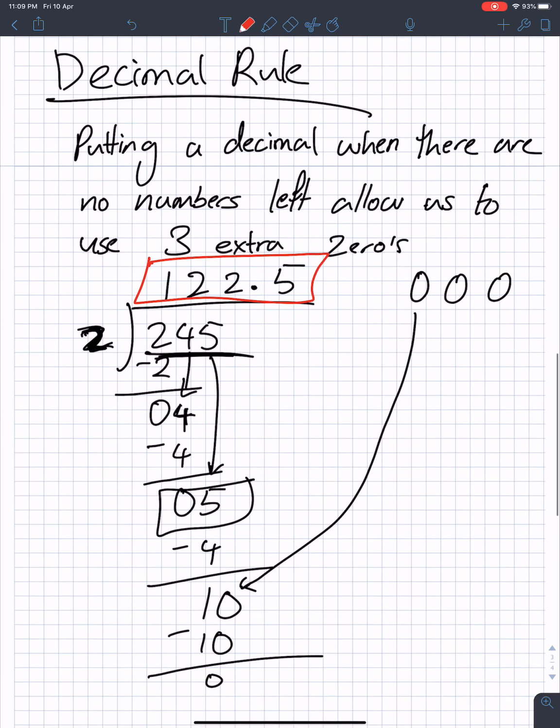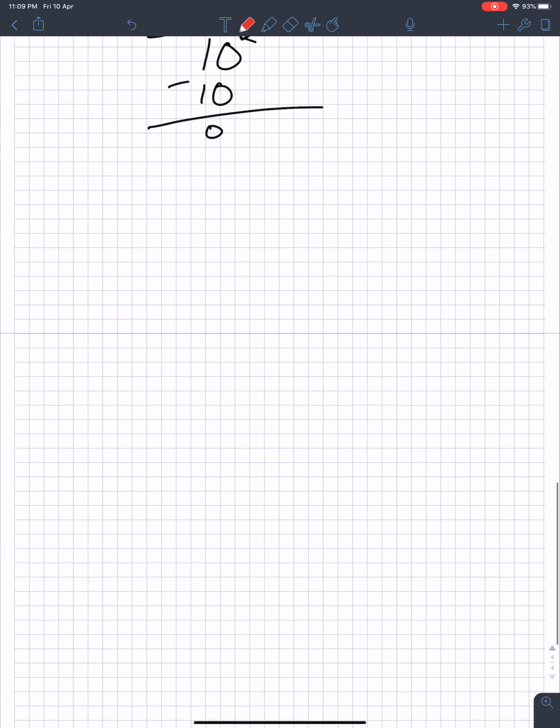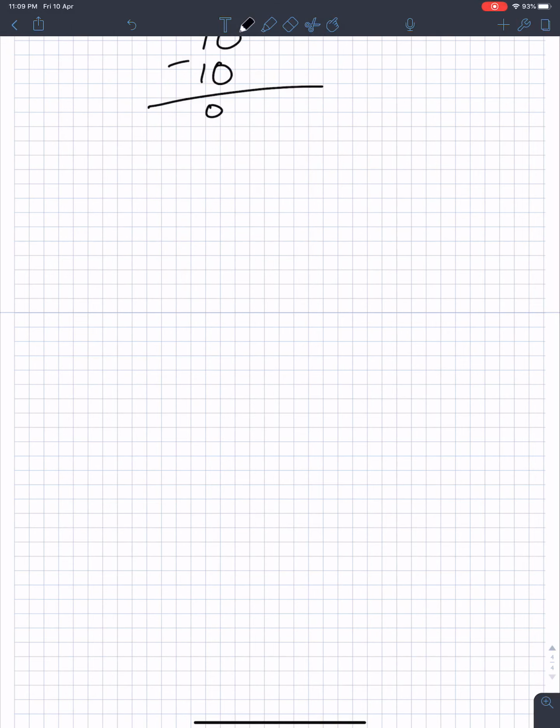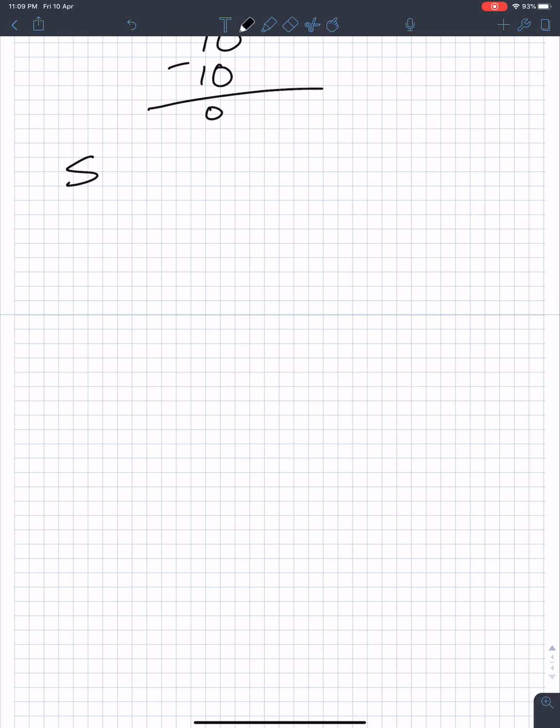Now the next rule that is very important, which is what generally trips up a lot of people in doing long division, I like to call this rule the substitute zero rule.